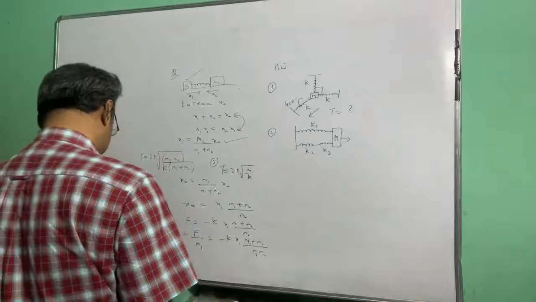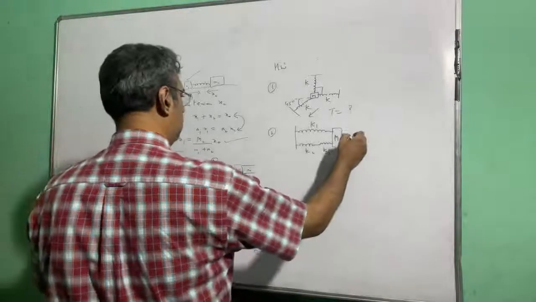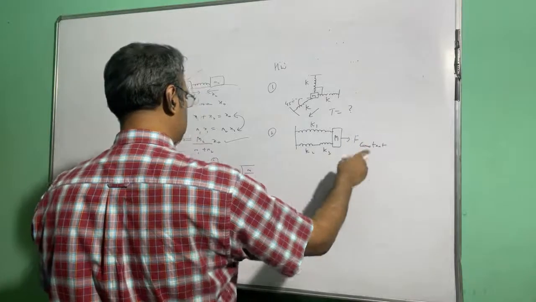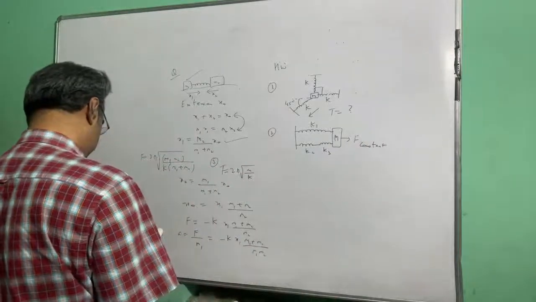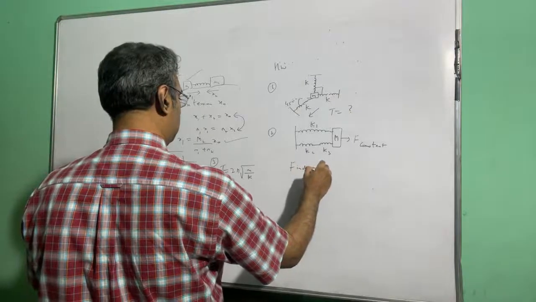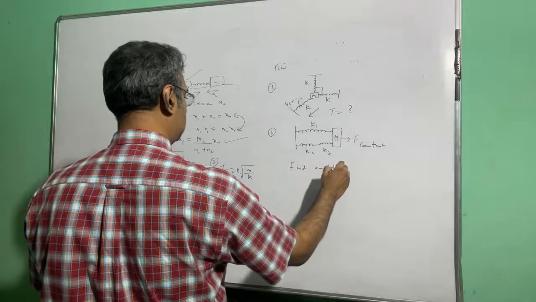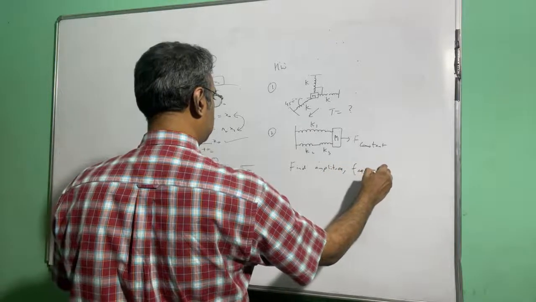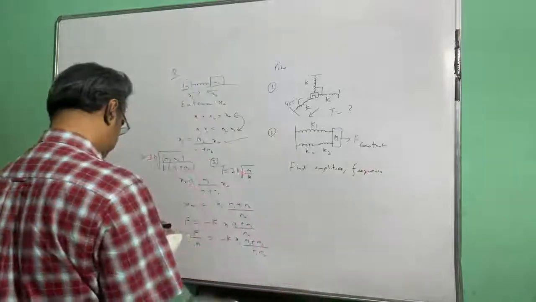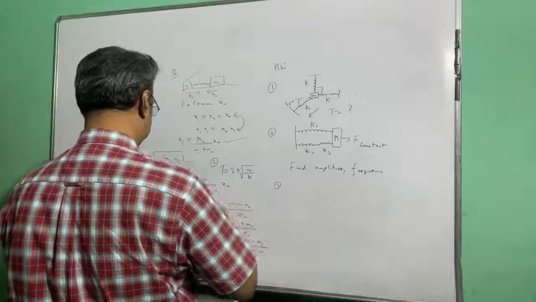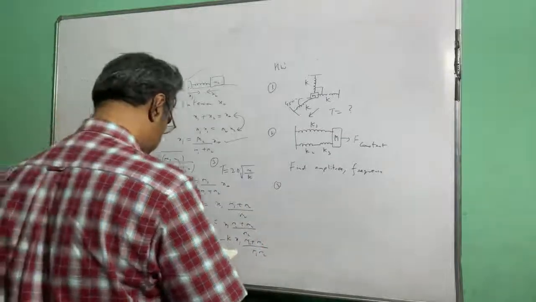The entire system is pulled by a constant force F. You have to find the amplitude and the frequency of motion of this block. So that is number 2.